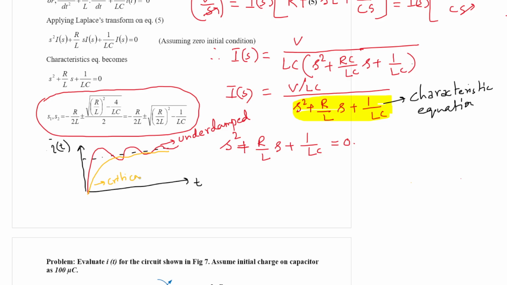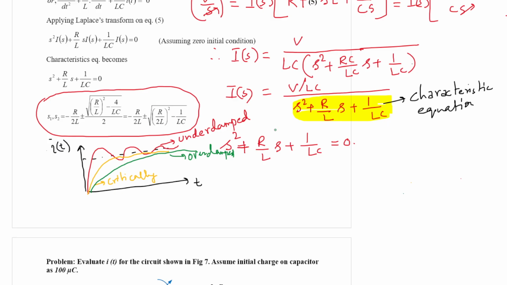Also we have observed this kind of response, which is called the overdamped response. It is totally dependent on the roots of the characteristic equation.